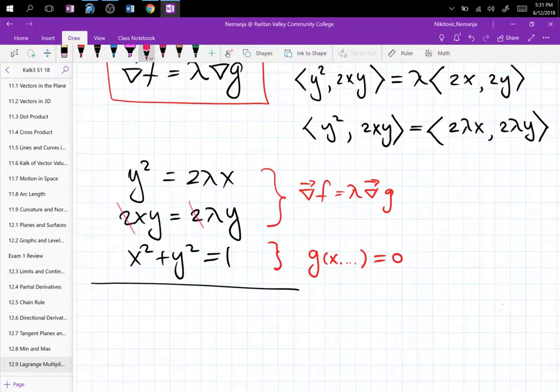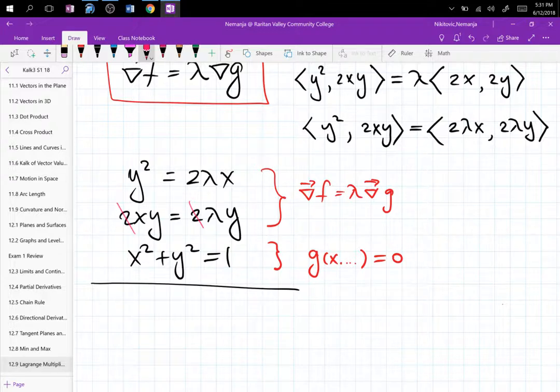But what if y is 0? You don't know what y is. So you can't just cancel y's and hope that everything will work out. We have to be more careful with how we solve these equations.